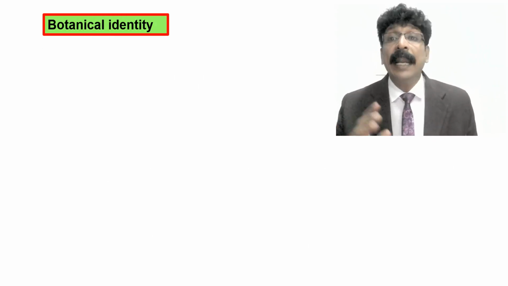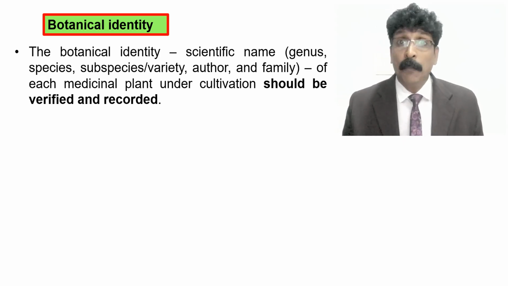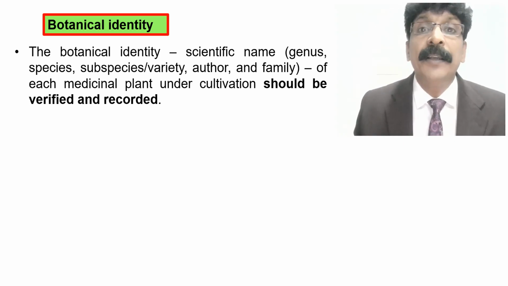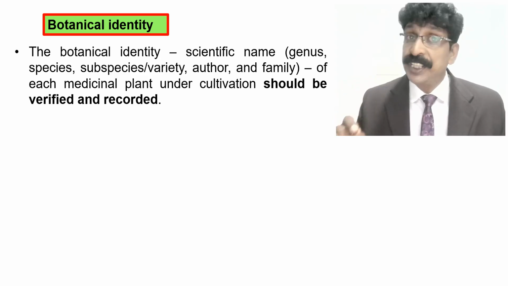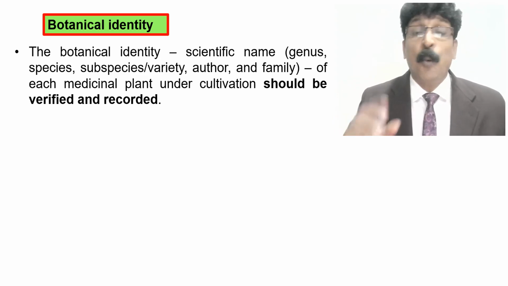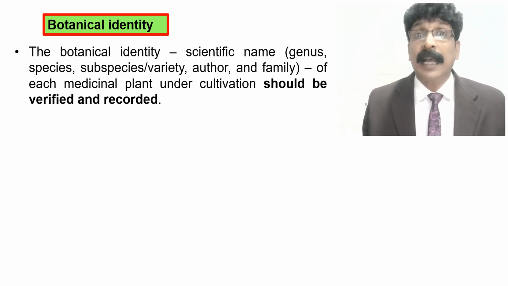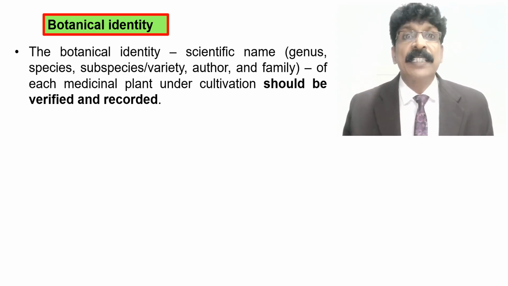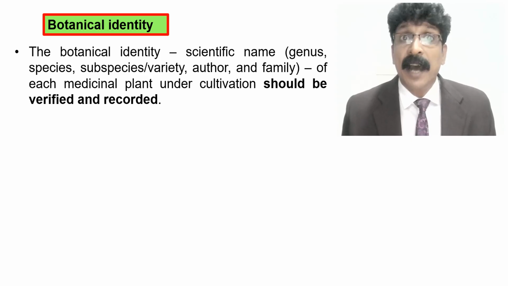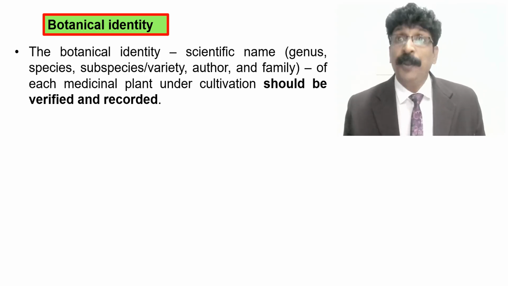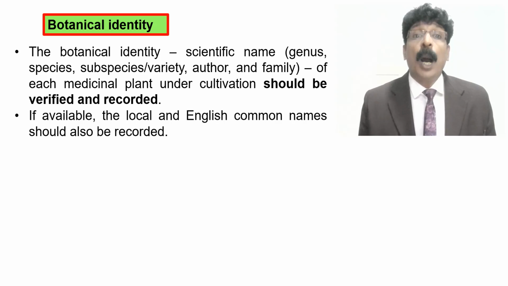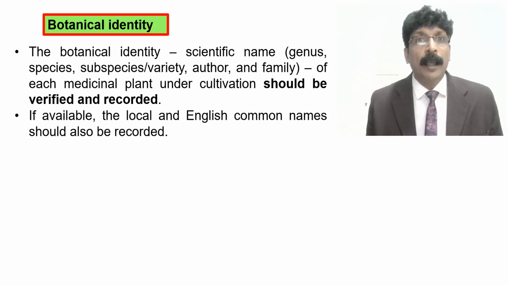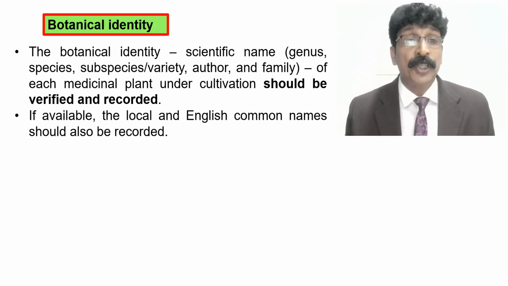Botanical identity: the scientific name, genus, species, subspecies, variety, order, and family of such medicinal plants under cultivation should be verified and recorded. If available, the local and the English common names should be recorded.